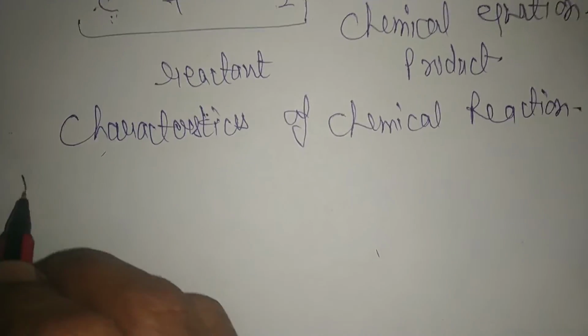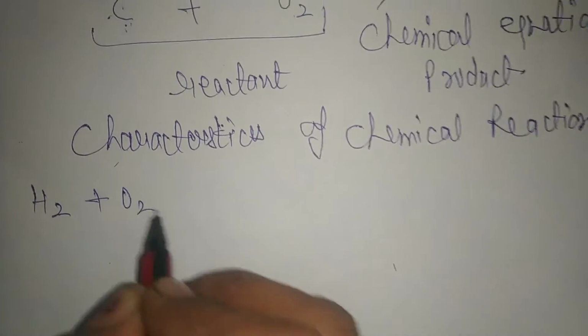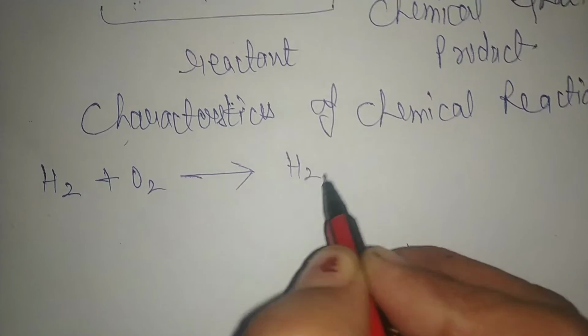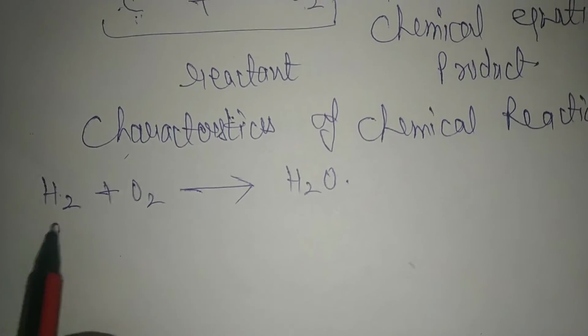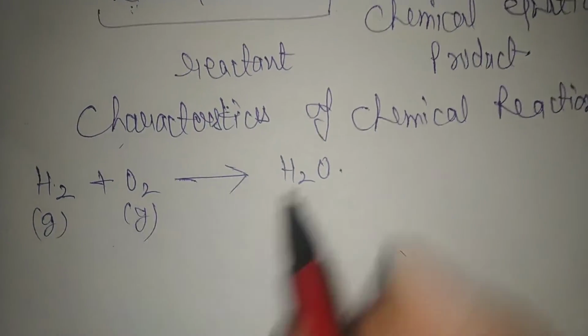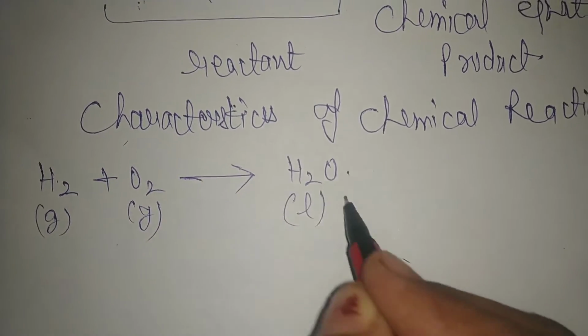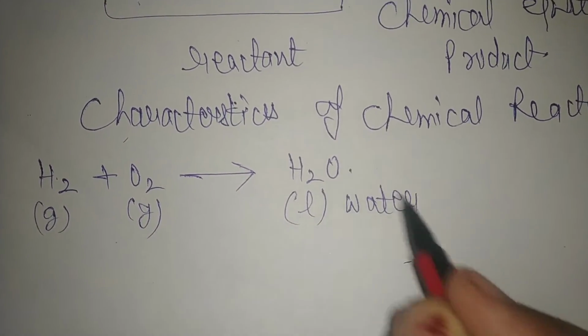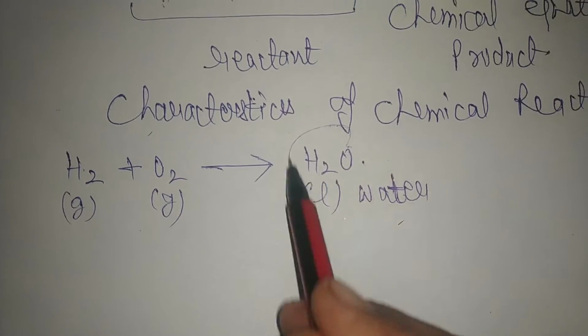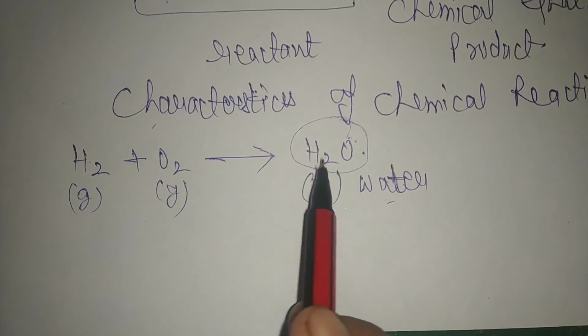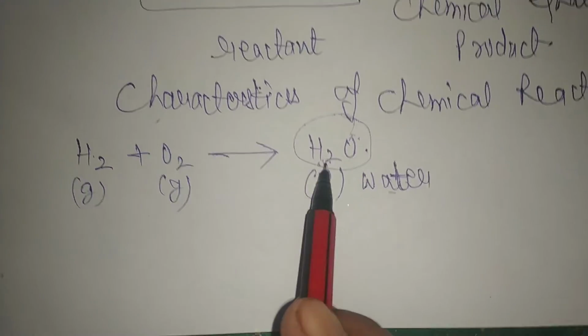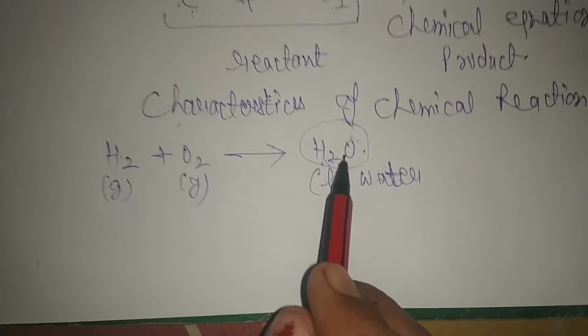See, sometimes suppose I have H2 plus O2, that becomes H2O. So this is a gas, but this is liquid, this is water. So new substance with new properties is formed. This is called a chemical reaction.